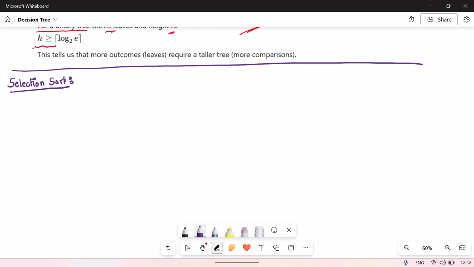Let me take three numbers A, B and C, and I want to sort them. I will sort them in increasing order. Let us start the steps now.